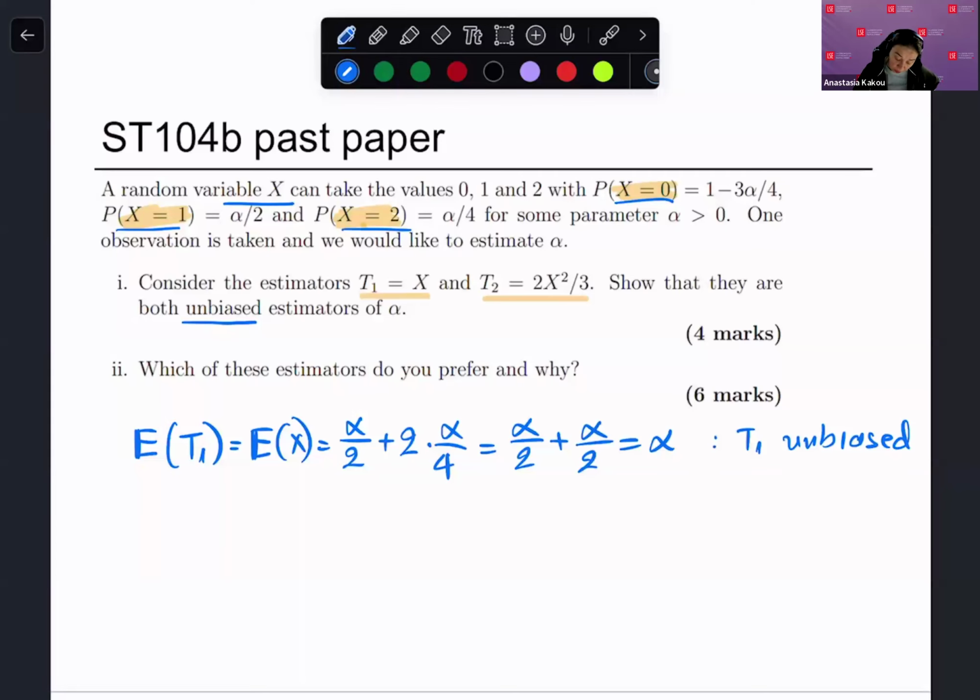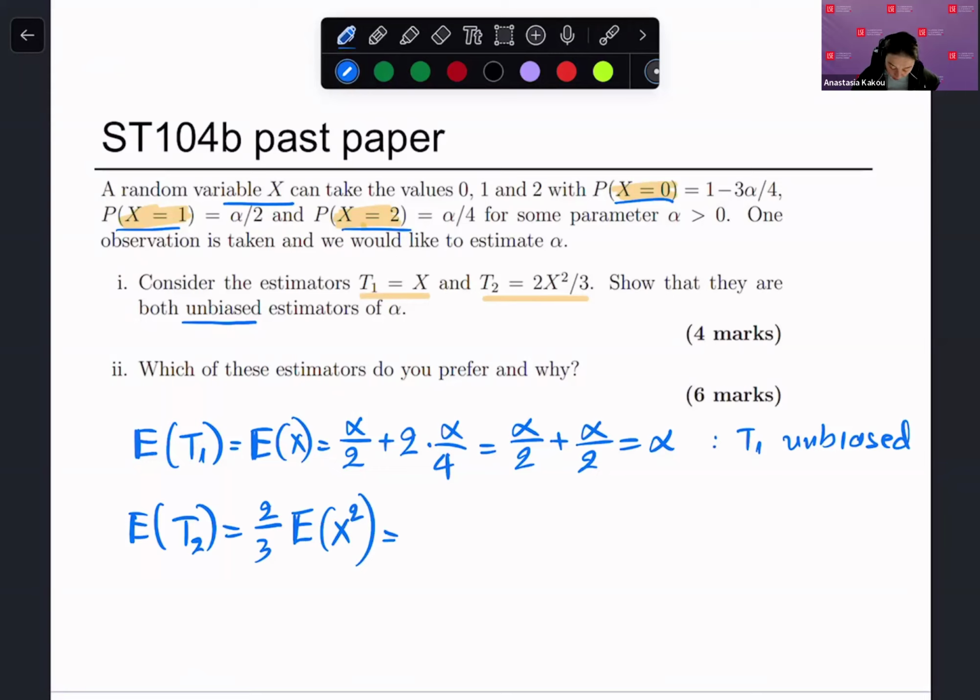In order to prove that T2 is unbiased, we work along the same lines. Applying the properties of the expectation, you have 2/3 and then the expected value of x squared.